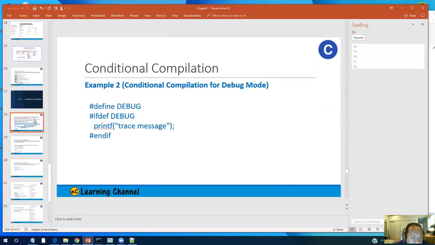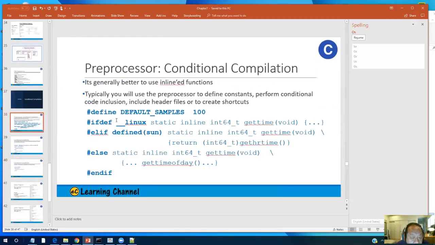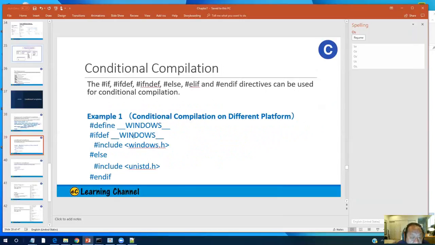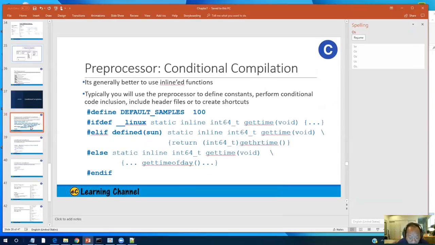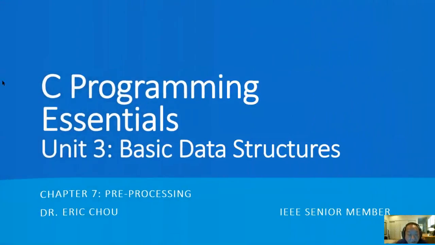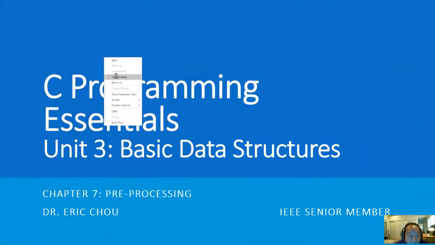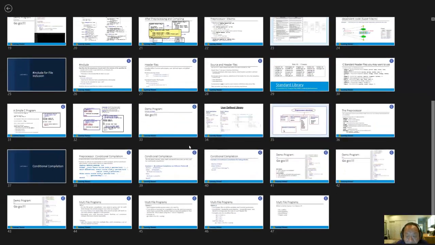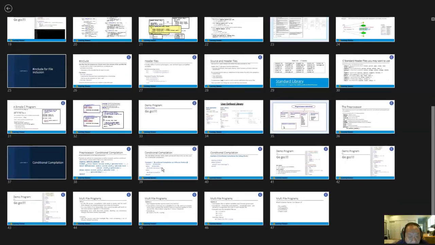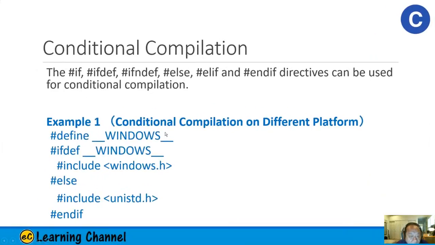Conditional compilation, we see that you have if defined and if undefined, right? And that makes sure it won't reinsert the same module into a file, which will cause the compiler to stop, right?